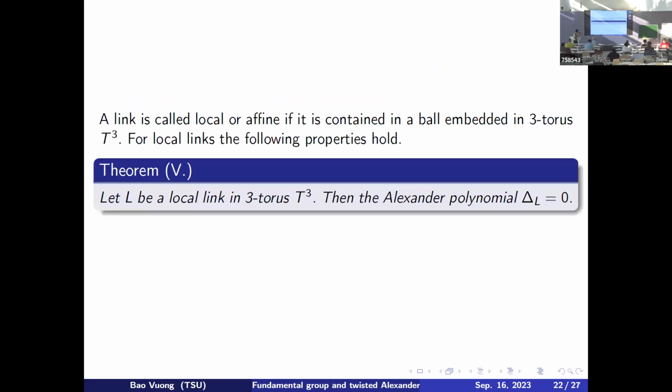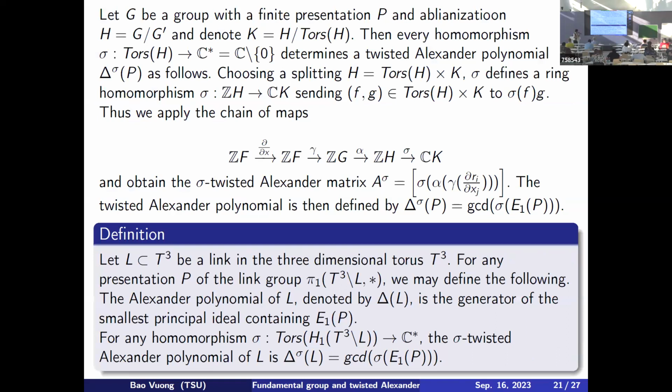After that sequence of maps using Fox calculus, we get the twisted Alexander polynomial for the link complement in the three-dimensional torus. We already have a presentation of the fundamental group.